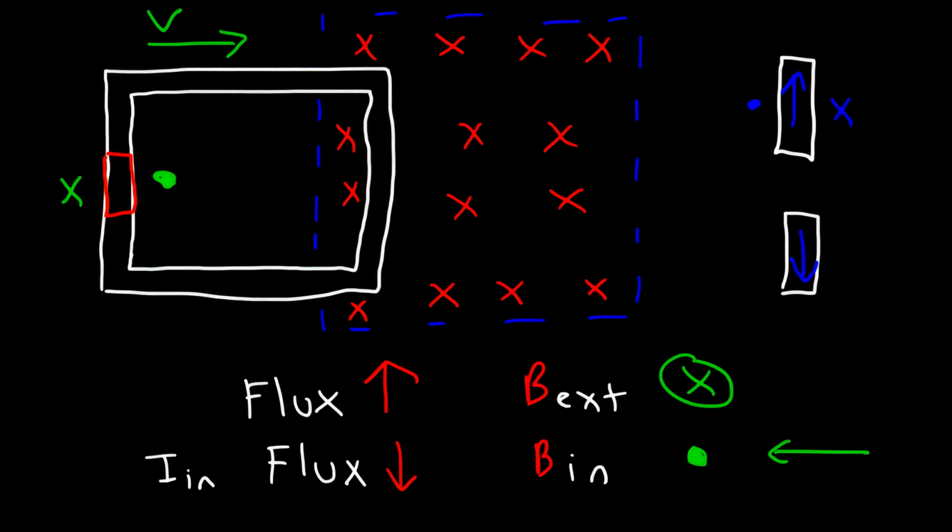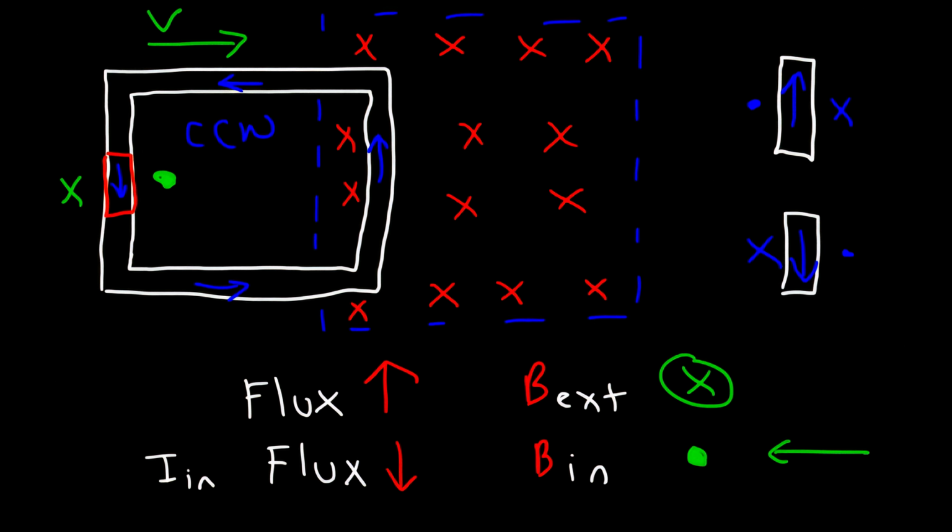And if the current is going down, then it's out of the page on the right side, into the page on the left, using the right hand rule. So what we have here is basically this picture. The current is going down on the left side, which means it's traveling in the counterclockwise direction. And so that's the answer.